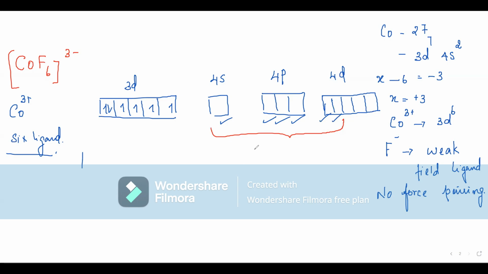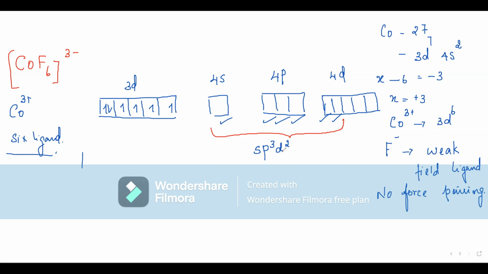How do I name that hybridized orbital? p3, because 3 of the p orbitals are taken, and d2, so sp3d2 is the hybridization. Now, where is the position of the d orbital?